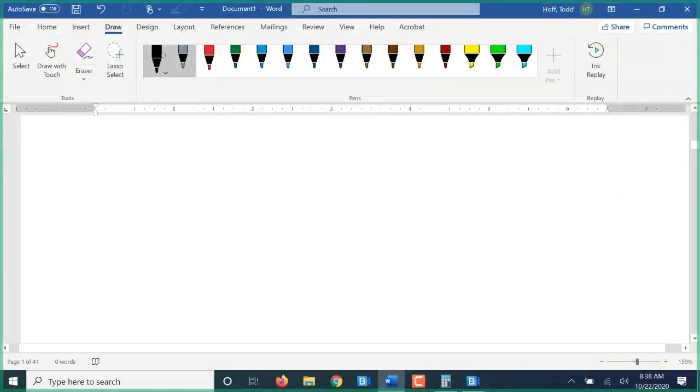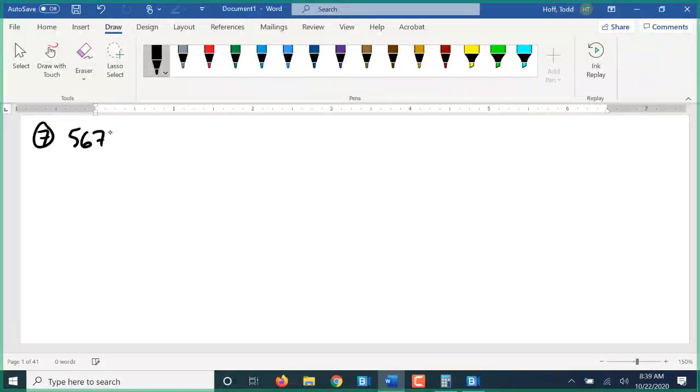Well, I'm going to have you guys try a few more here in your notes. Let's do number 7 here. 567. This should be cubic feet, not cubic yards. Cubic feet going into cubic yards.